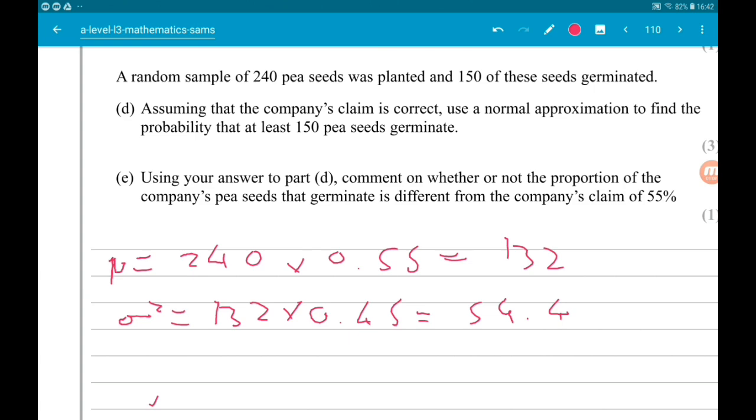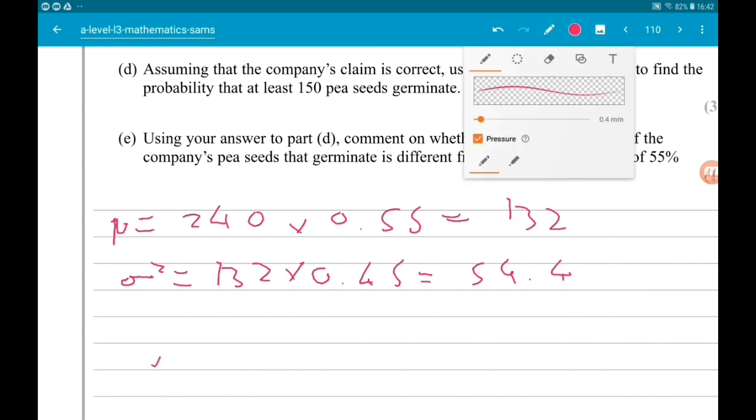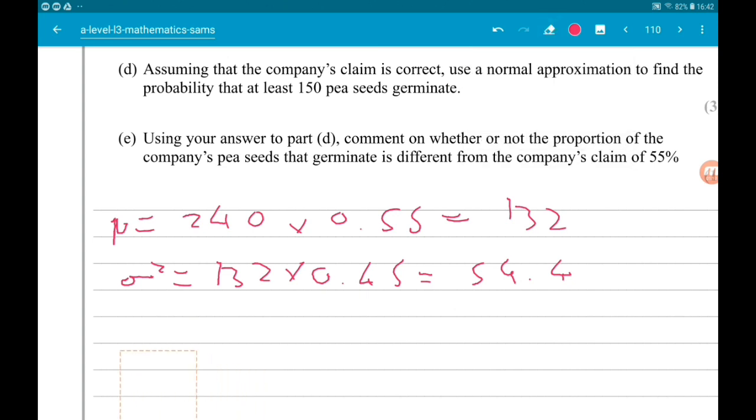So, X then is normally distributed with a mu of 132 and variance 59.4.